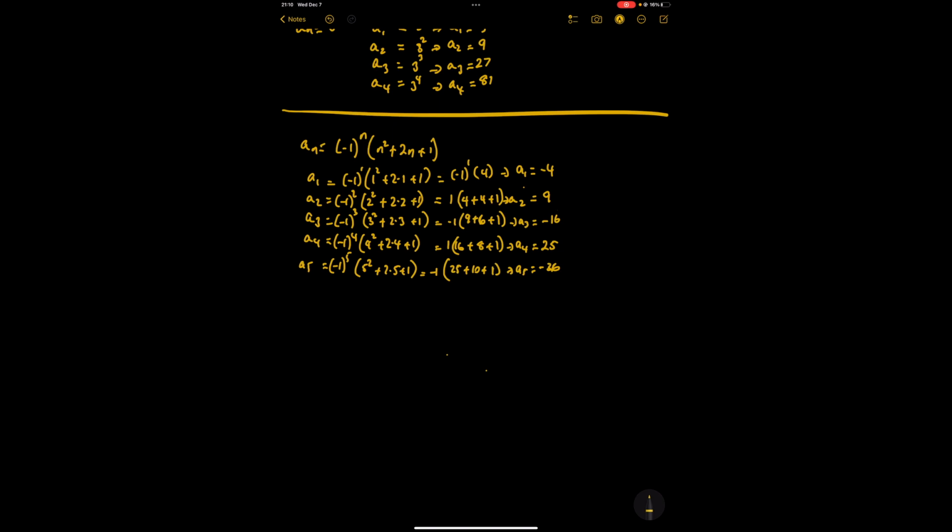So that would be equal to negative 4, 9, negative 16, 25, negative 36, and then 49, negative 64, 81, and then negative 100, and so forth.